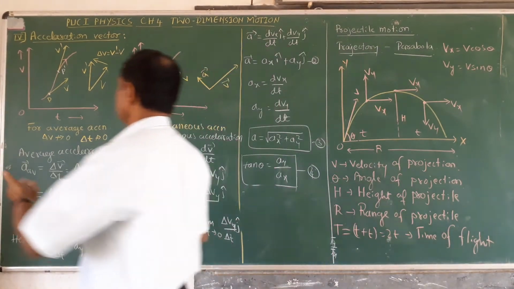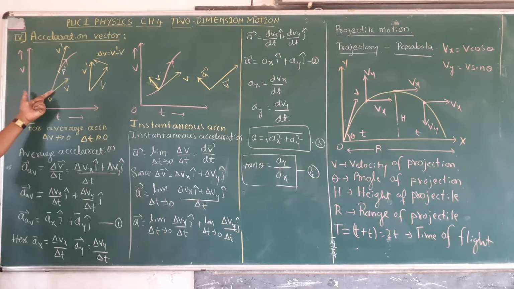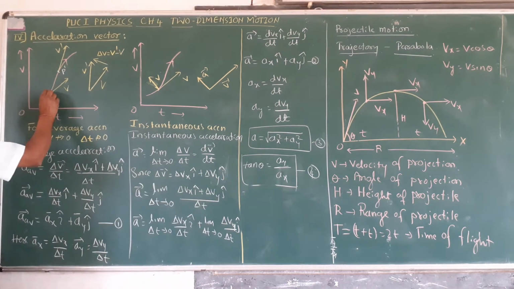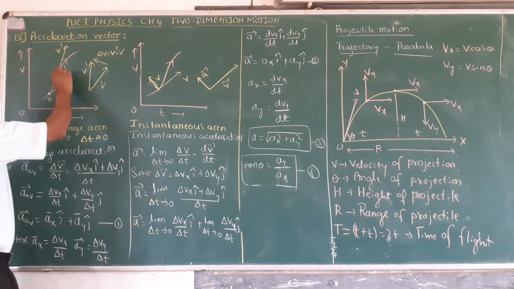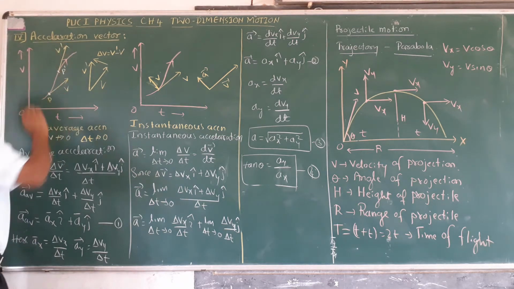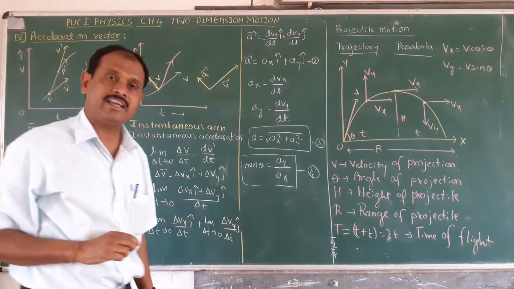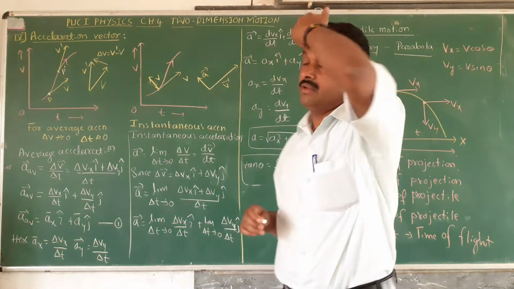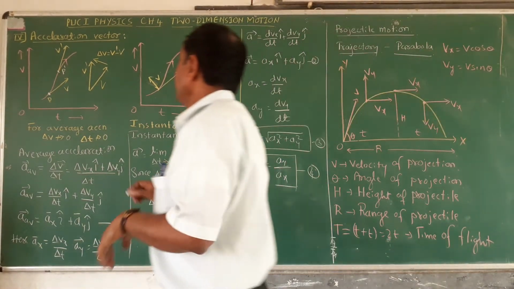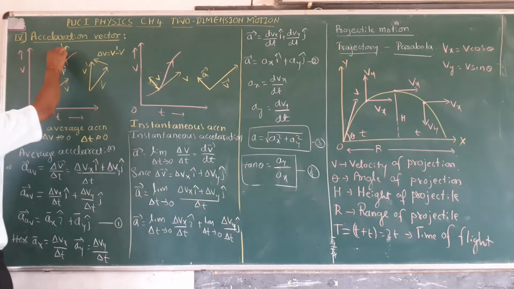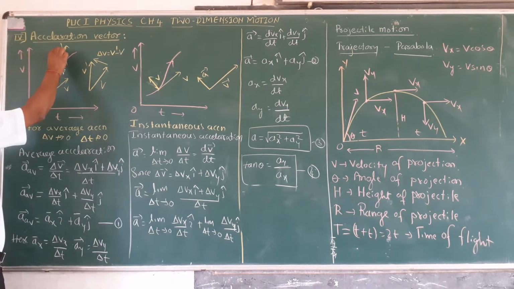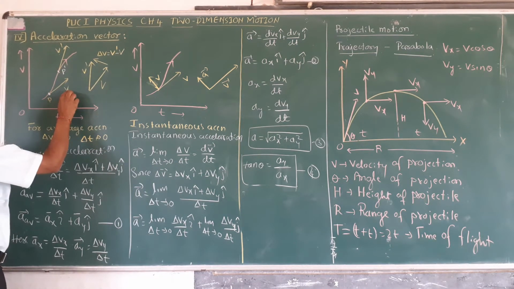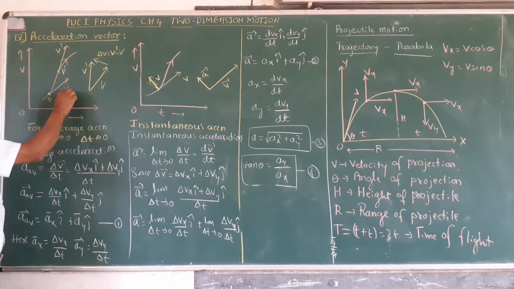Now in this graph you see here, there is a change in the velocity. At point P the particle has the velocity v, and at point P dash the particle has the velocity v dash. Here v dash is the final velocity, and this is the initial velocity.